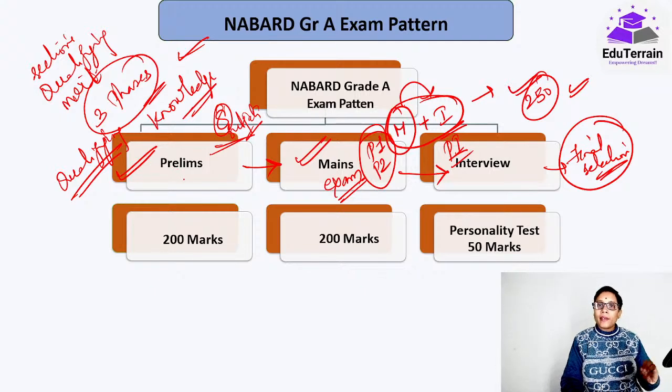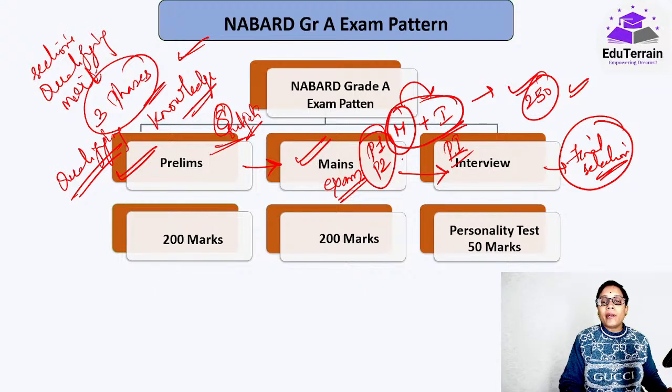For prelims, the strategy should be that you just have to cross the cut-off, whatever the cut-offs would be. For qualifying sections there are already set cut-offs, and for merit sections, based on the individual cut-off and overall cut-off, you would be moved to phase 2. So you have to focus mostly on that cut-off only. But for mains, the strategy should not be like that.